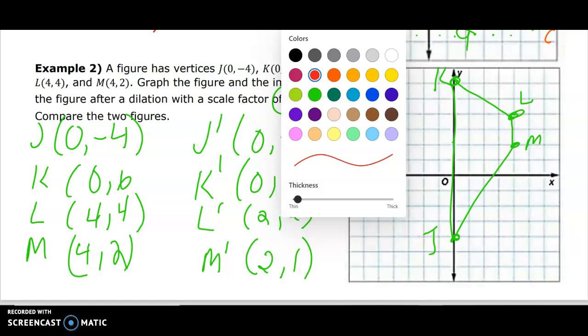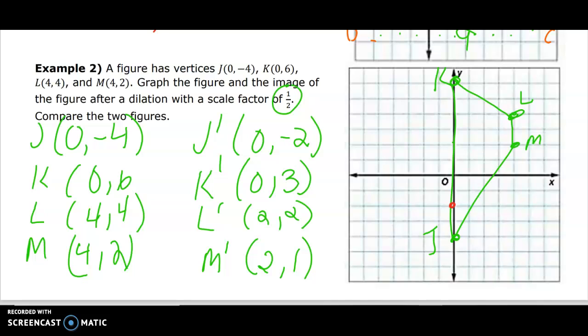And so our primes are 0, negative 2. That's J prime. K prime is 0, 3. L prime is 2, 2. Little ballerina there. And M prime is 2, 1. And that's M prime. Connect the dots.